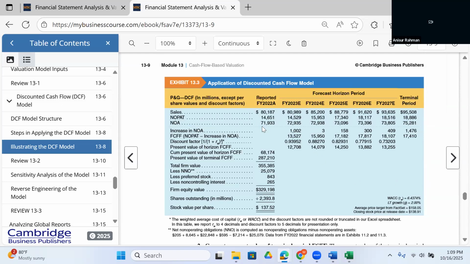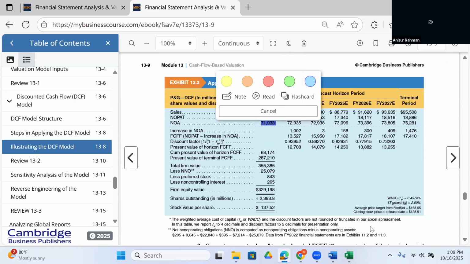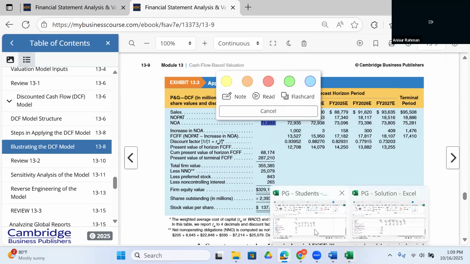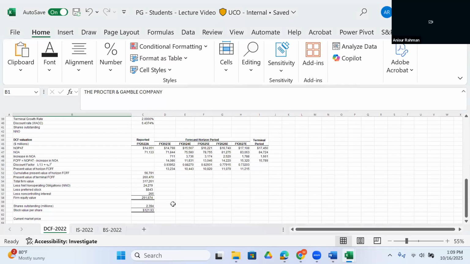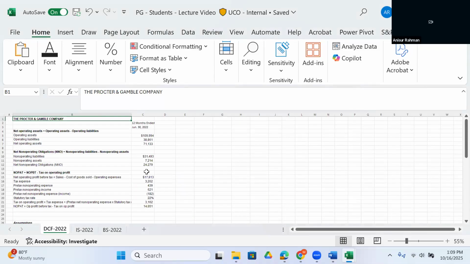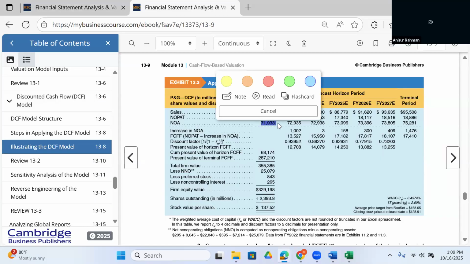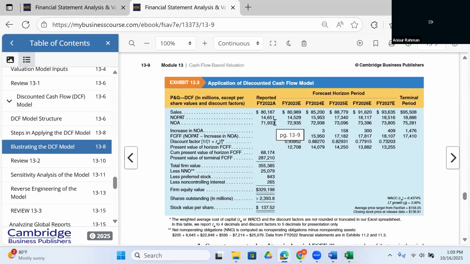Another thing you will notice, even for the actual year, only this number is slightly different from our number. Our net operating assets is actually 71,133, and they have net operating assets of 71,933.